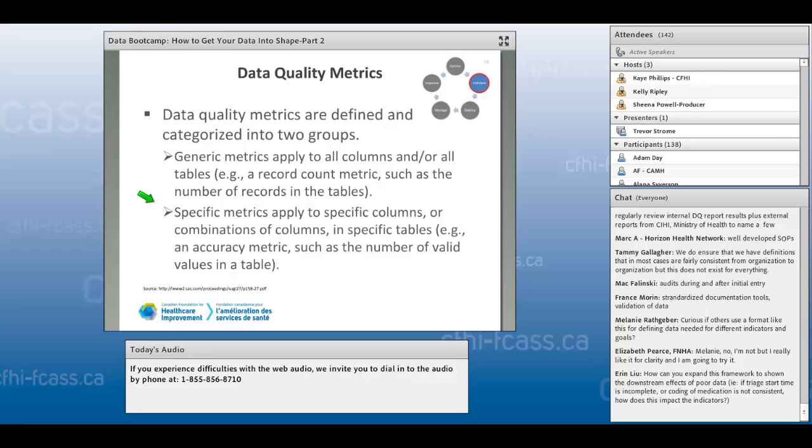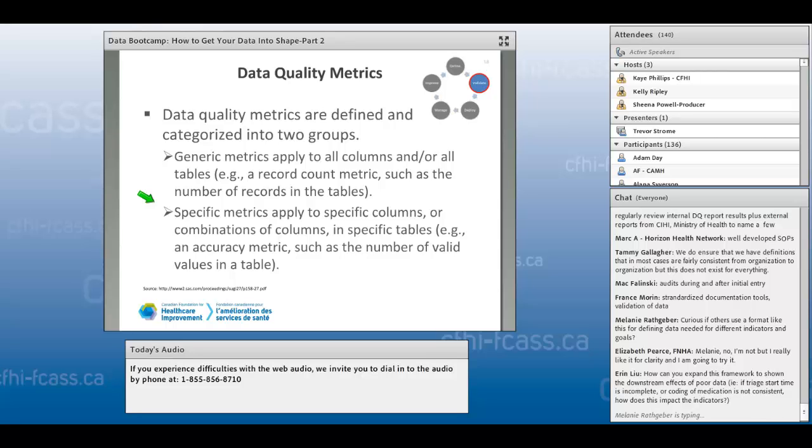Then there are specific data quality metrics that we would apply to a column or combinations of columns, to quantify some aspect of data quality wherever possible.